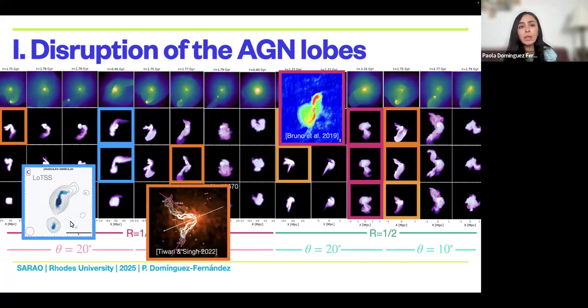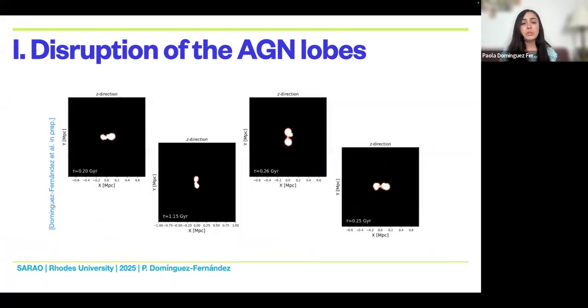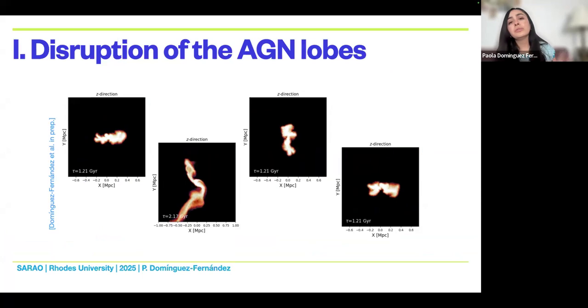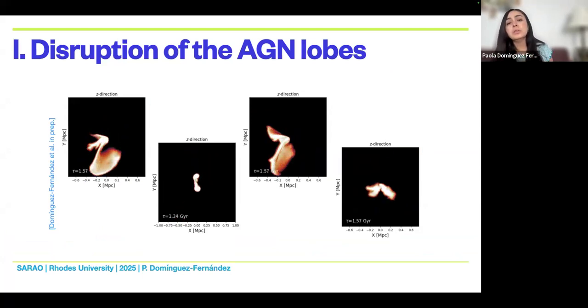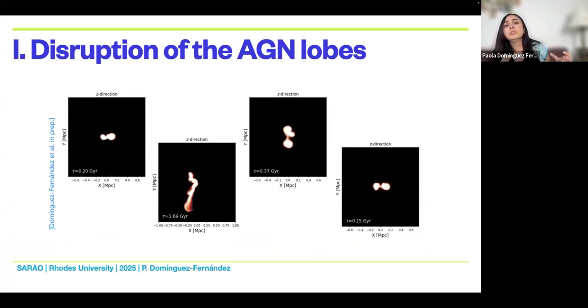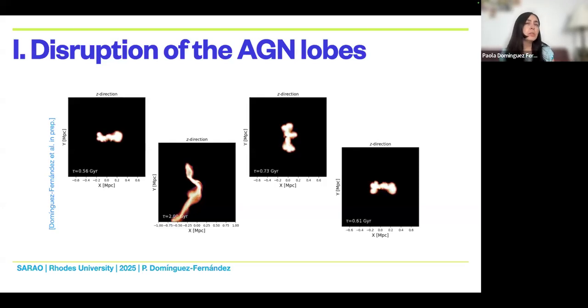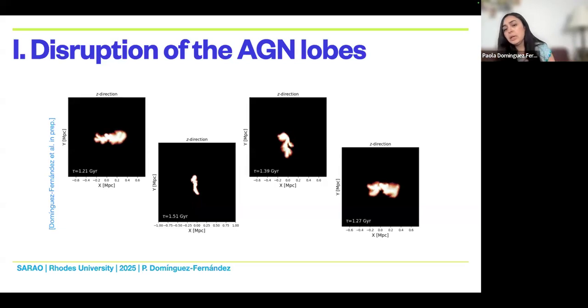And this is something that we didn't really go into deeply within the paper because it was already too long. But now we are starting to look at specific cases within all of our simulations. For example, we are starting to look at those simulations where the morphology somehow resembles a wide-angle tail, right?